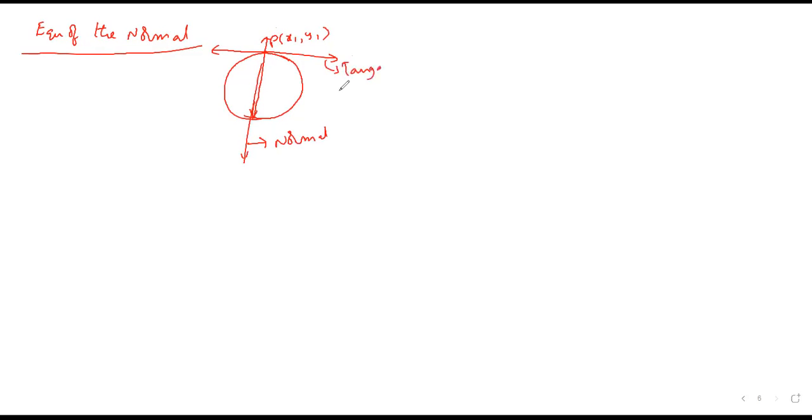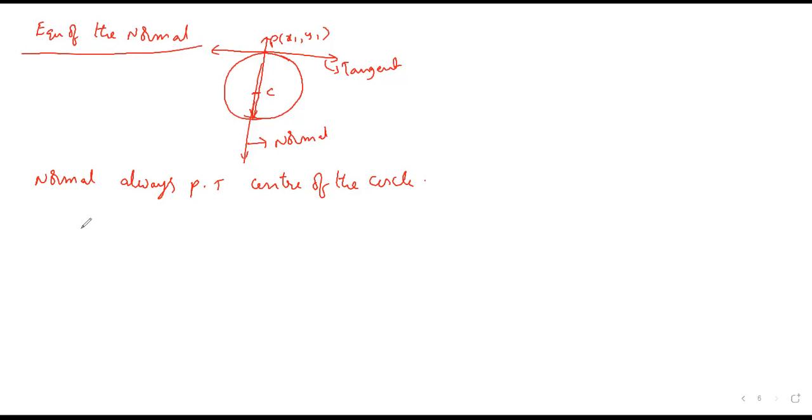So to find the equation of the normal, we already discussed that the line joining the center to any point is always perpendicular to the tangent. So the normal always passes through the center of the circle. So to find the equation of the normal, you can take the 2-point form.